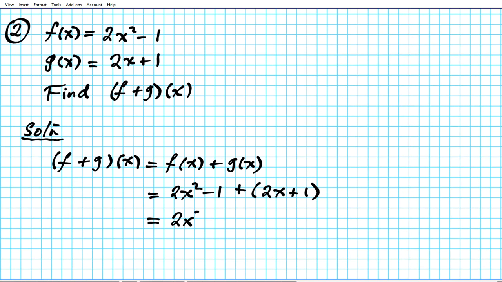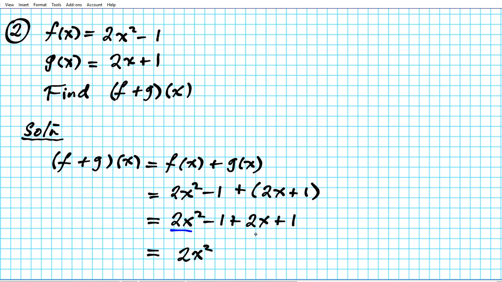We have 2x squared minus 1 plus 2x plus 1, as though you distributed a positive 1 across these two terms, which does not impact the sign. Now let's simplify, starting with the highest degree term, 2x squared. Nothing to be combined with, so we bring it down, 2x squared.